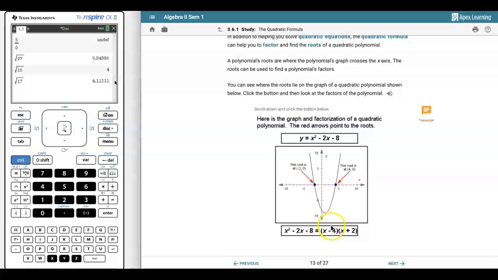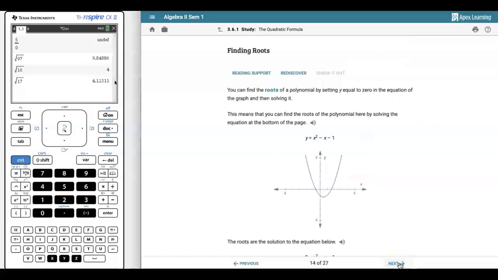You've got to turn the plus 4 into a minus 4. Same thing here. I've got a root at -2, 0. So x is equal to -2. Therefore, my factor here is x plus 2. Again, it's working backwards from what we just learned in the last couple of units here.